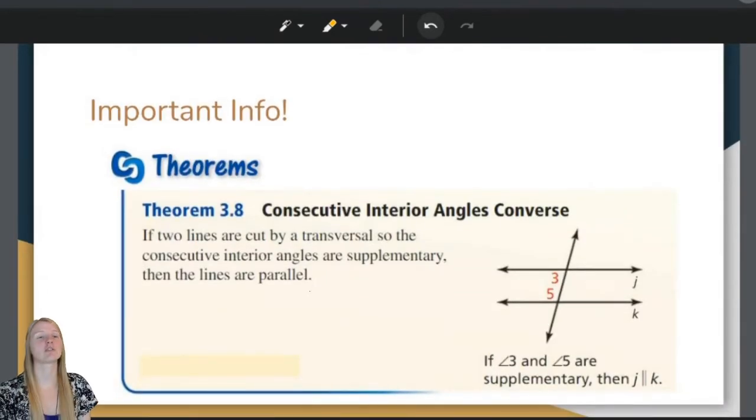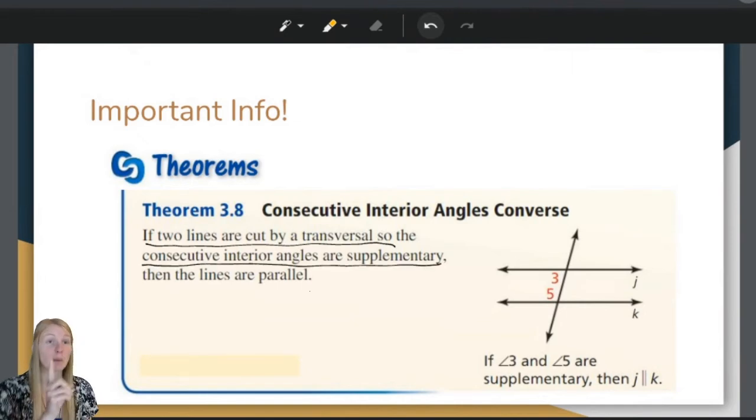Okay, and lastly, the consecutive interior angles converse. If two lines are cut by a transversal, so, same thing. So the consecutive interior angles are supplementary. Remember, consecutive interior angles. One's acute, one's obtuse. Obviously, they're not going to be congruent.